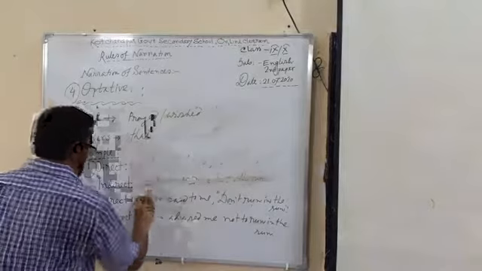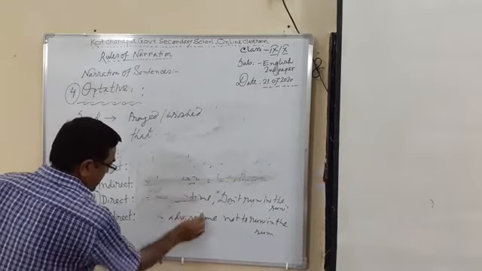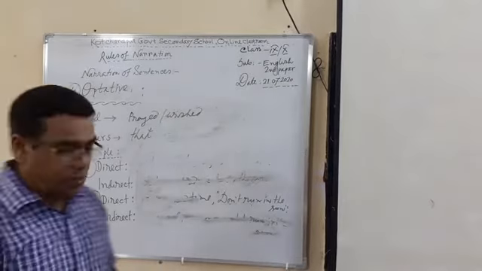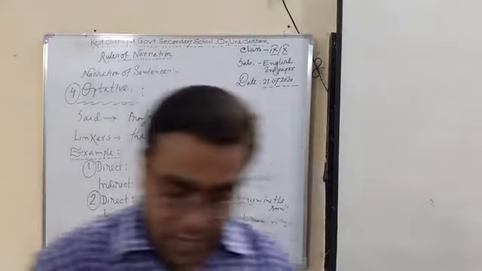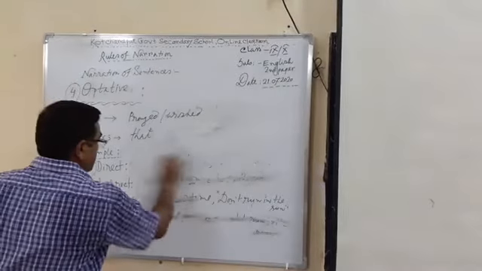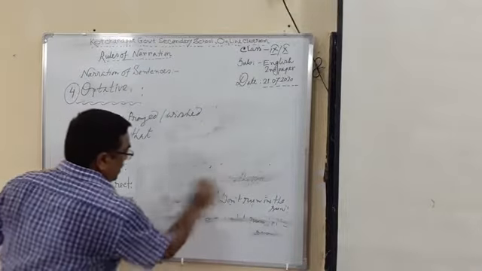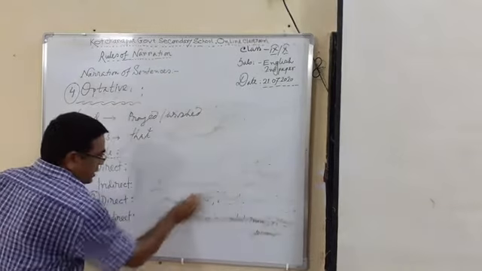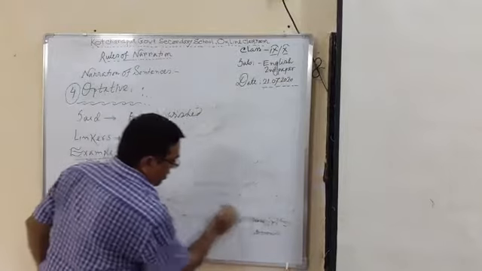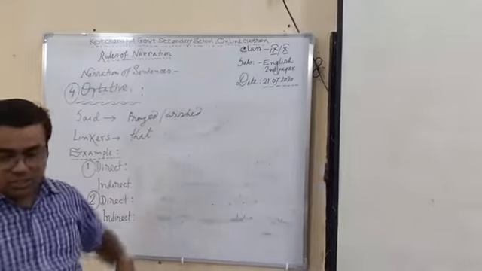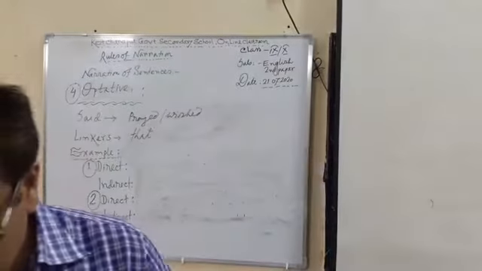This sentence begins with bless, prayed. Yes, we have to use prayed or wished instead of said, and that as the linker. When we change direct to indirect in an optative sentence, we have to use that as a linker, and prayed or wished instead of said. Okay.